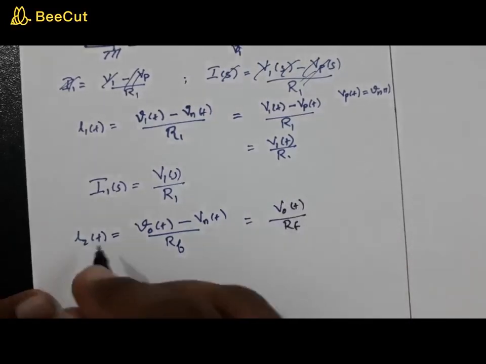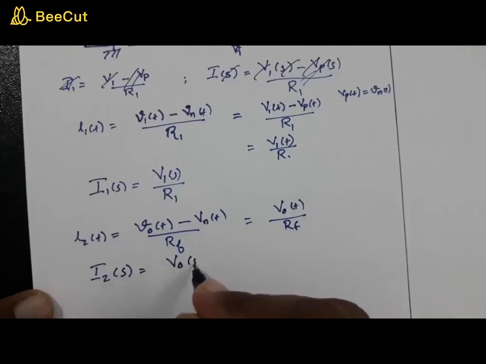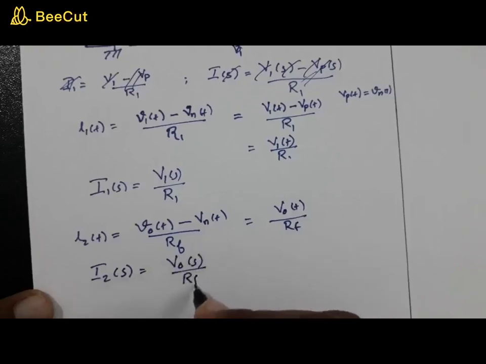So the transformed equation is I2 of s is equal to V0 of s by Rf.